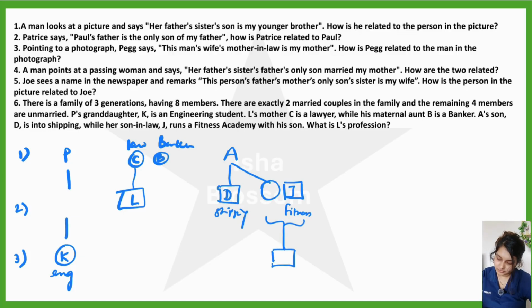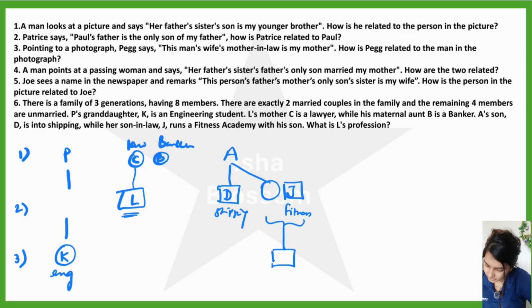What is L's profession? Which means we need to find out this guy's profession. Now right now I have just assumed that J is married to a female. It could be anything, but for questions like this, just assume that they are a straight couple.